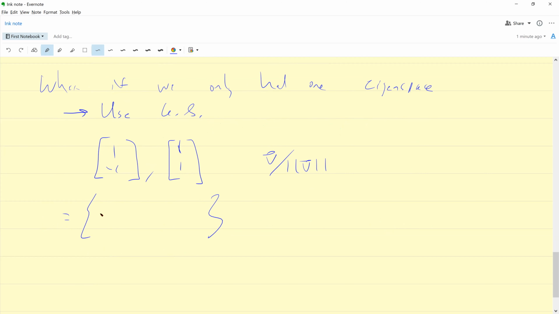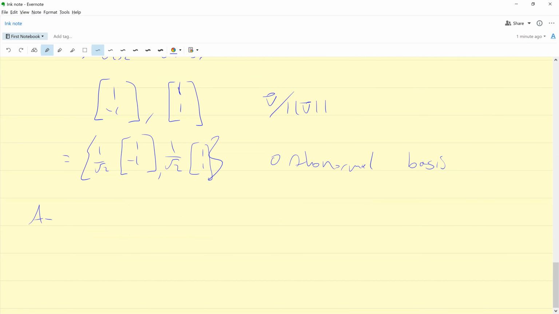Right, so we get 1 over root 2 times (1, -1) and 1 over root 2 times (1, 1). And this is our orthonormal basis. And then to actually get the orthogonal diagonalization, you just plug in. So you get 1 over root 2, negative 1 over root 2, 1 over root 2.